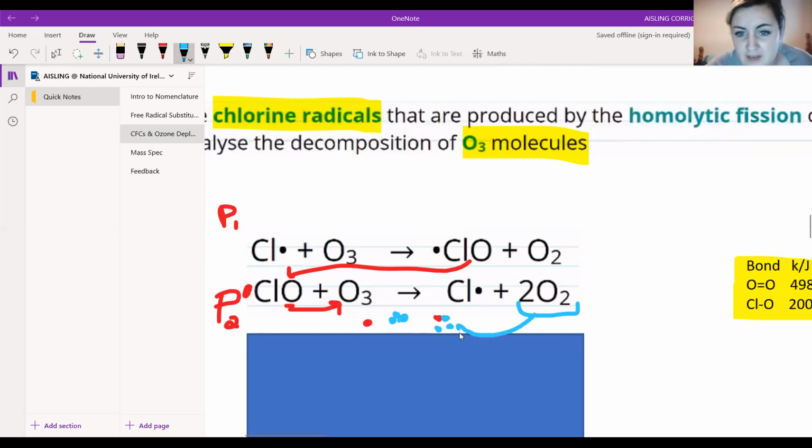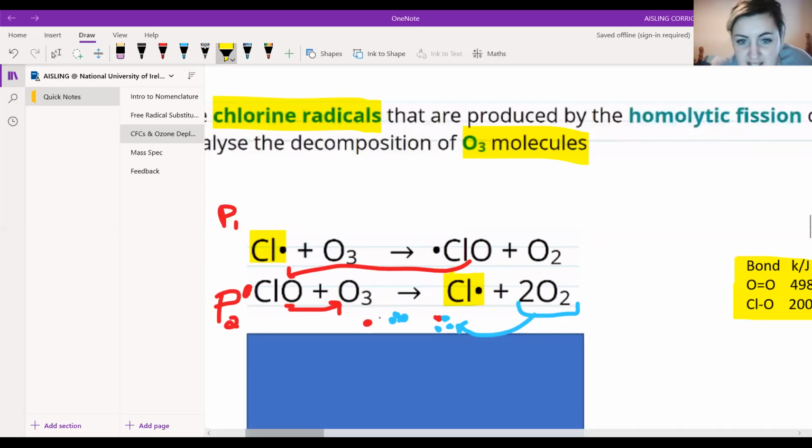And as well as that, if you look from right to left, you want to balance it out and it works out that way. So again, we have a radical, molecule, new radical, new molecule. So the chlorine, in propagation, radicals are used and regenerated. It catalyzes the decomposition of ozone, breaking it down. Now, what was I going to say? Oh yeah, so why do I have the bond enthalpy table?